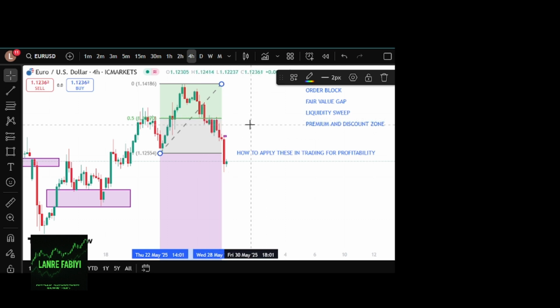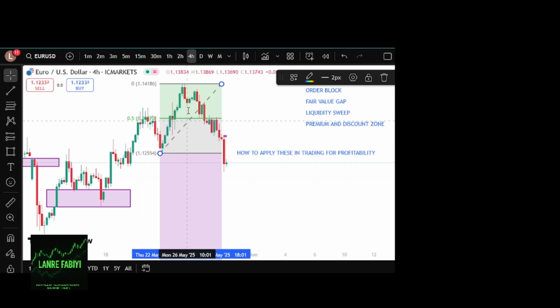So smart money, these big boys, you will not see them buying at premium, and they will not sell at discount. For example, you want to enter a buy position in this range, you look out for a buy opportunity in this place, at what?